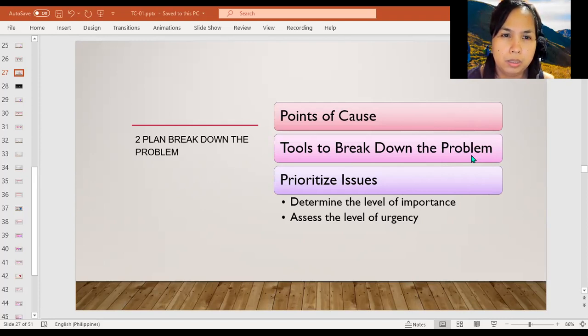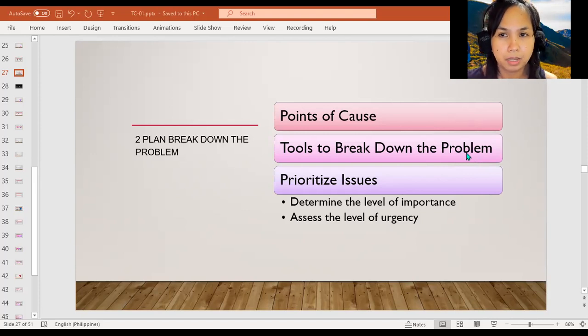Now, in order to be able to identify the point of cause, or in some cases causes, we must try to visualize the process, since where there is an output, there's also a process. And to do this, we can use things like flowcharts and other graphs, as we'll soon see.